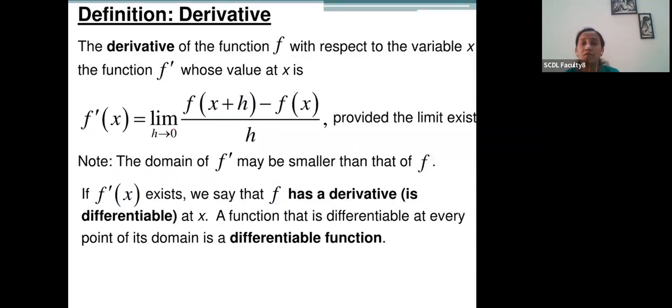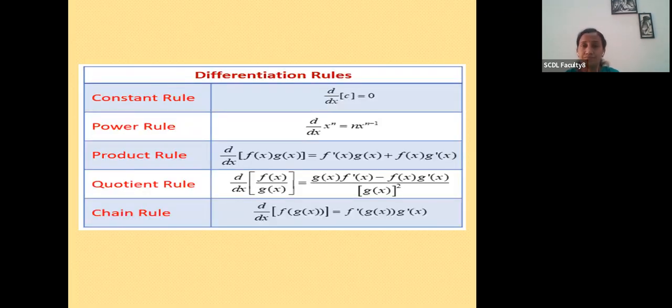Here f of x is our function, and the derivative of the function f with respect to the variable x is f dash. Whatever function we differentiate is called f dash. f dash may be smaller than f, there is no issue about that.